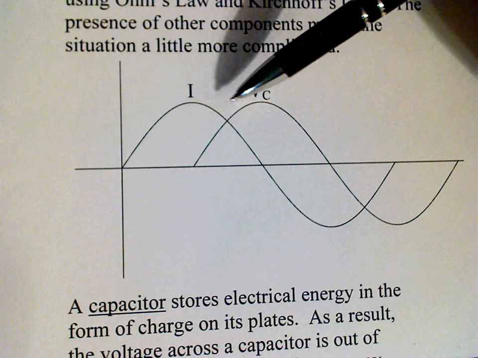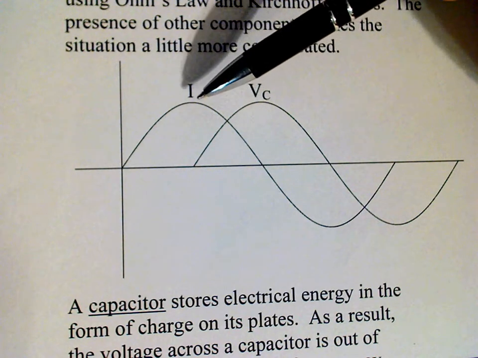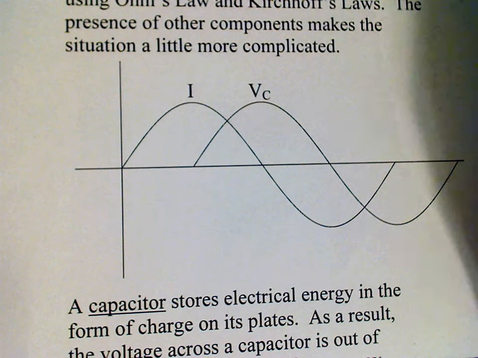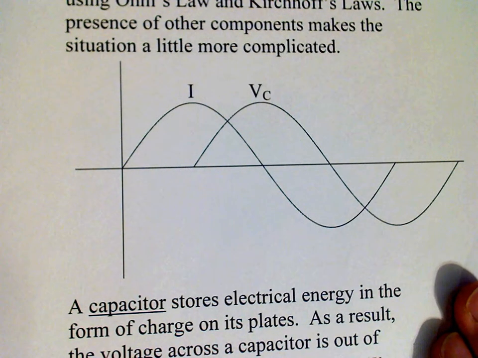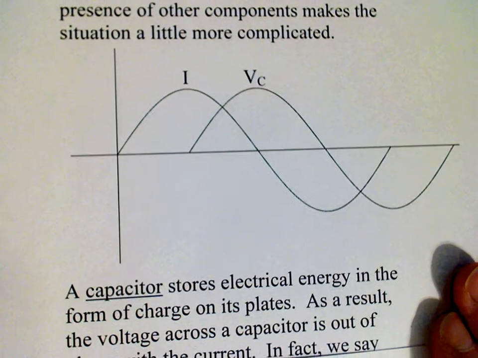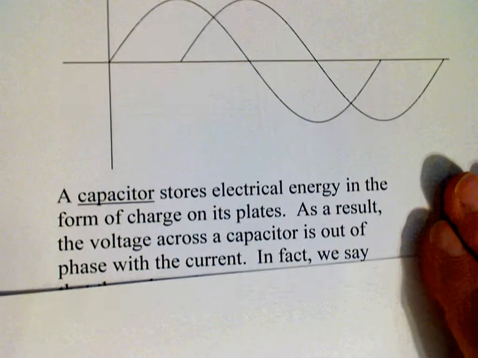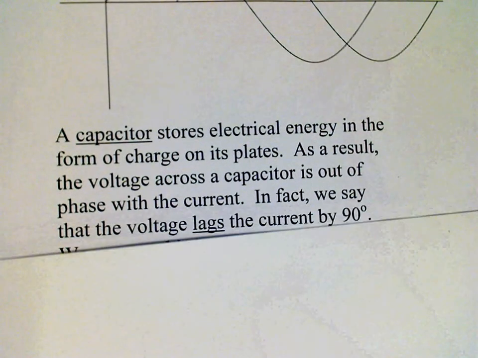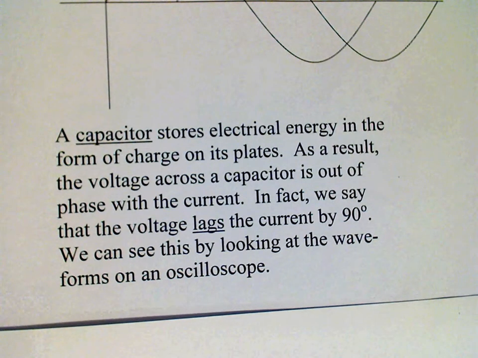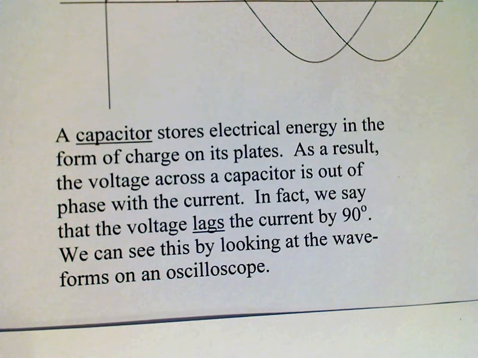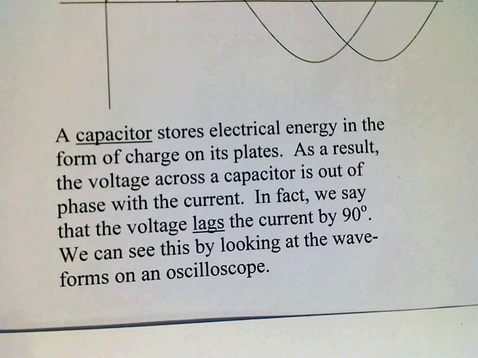So there's a phase difference in the current as compared with the voltage across the capacitor. And this can be seen if we look at these waveforms on an oscilloscope.